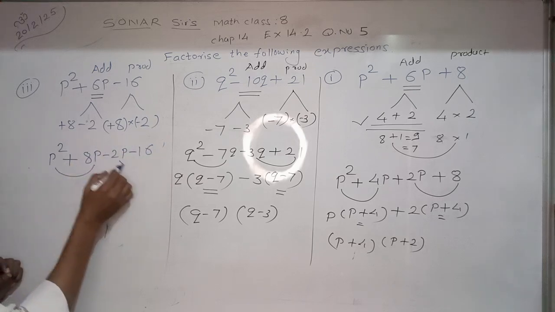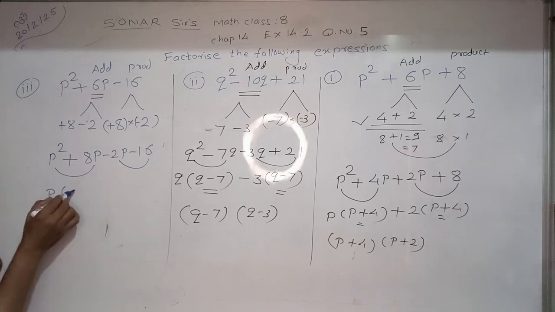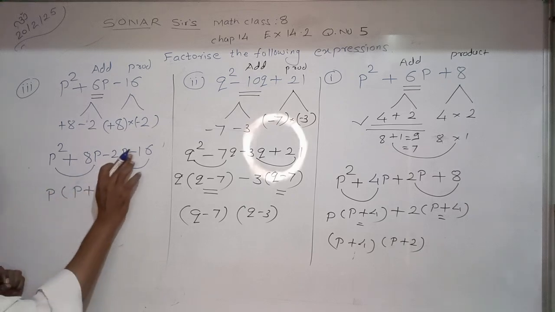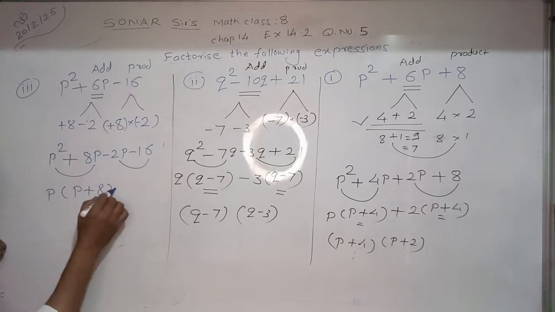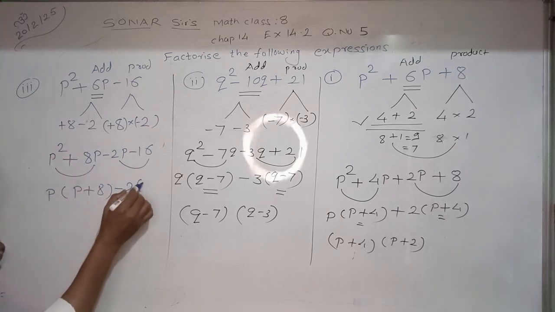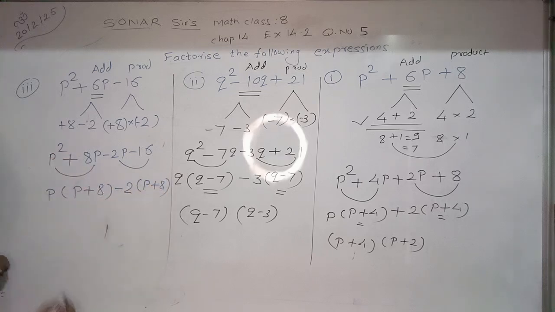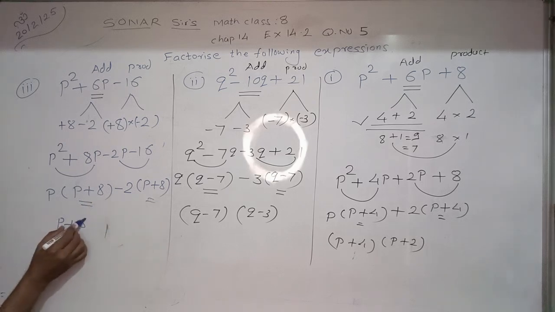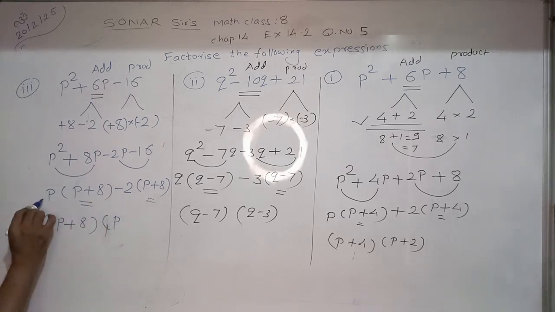Now again we can take common p, so p plus 8. Here the sign is minus, we have to take that out. So 2 again common, p plus 8. Now the whole bracket we can take out, p plus 8, and in the other bracket the remaining term p minus 2.